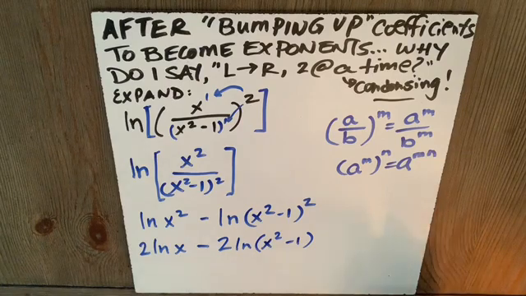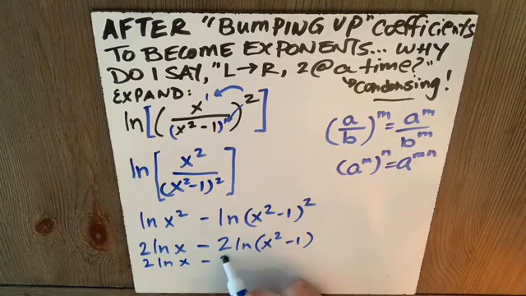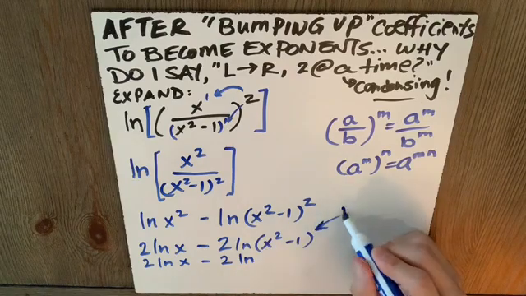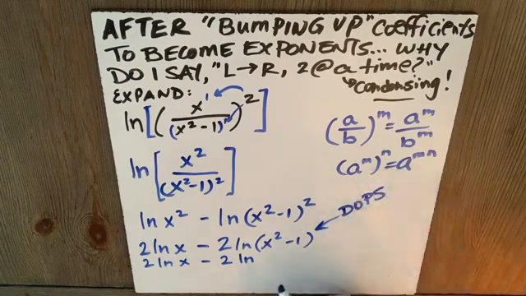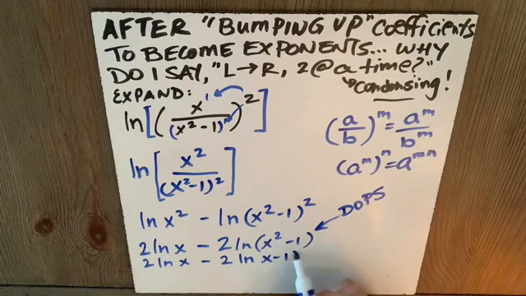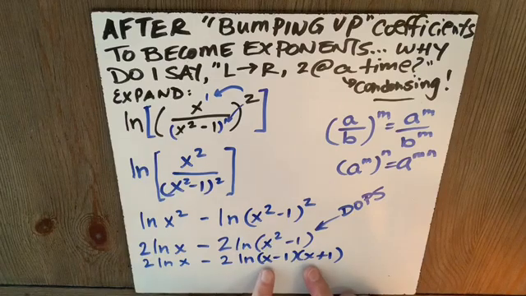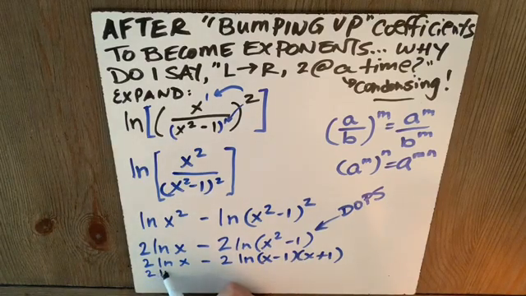And finally, I can say, well, this is 2 natural log x minus 2 natural log of, well, I can factor this. This is a classic difference of perfect squares. So this would be (x minus 1)(x plus 1). And now I can expand this. 2 natural log x minus 2.